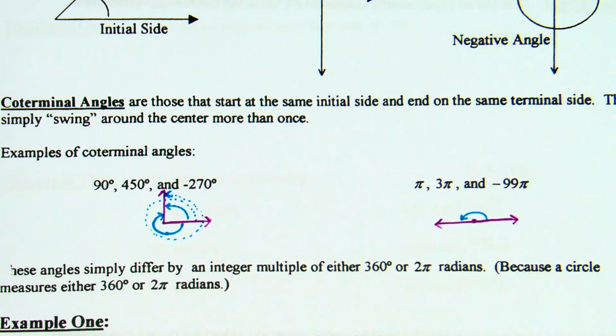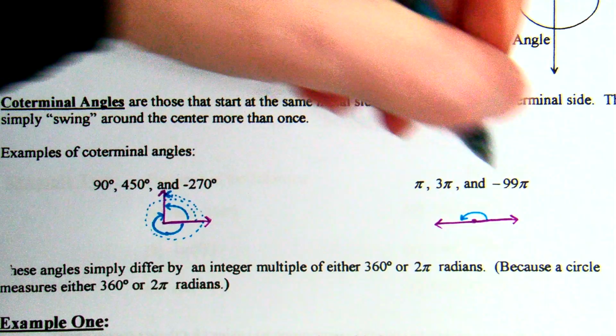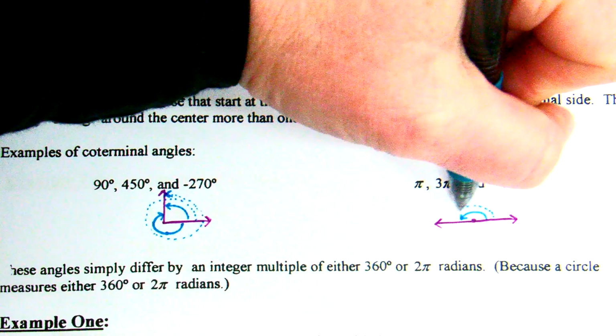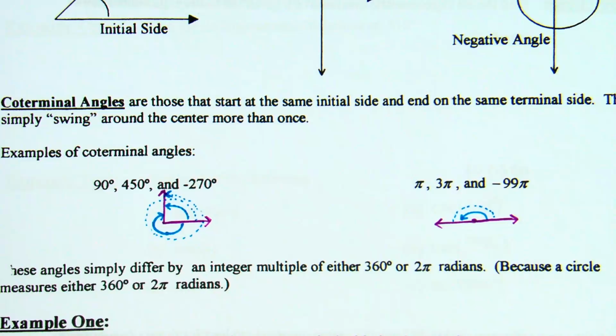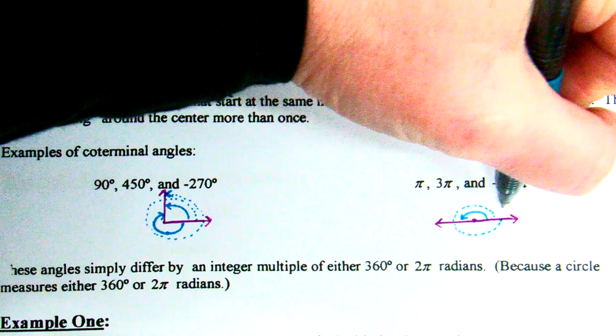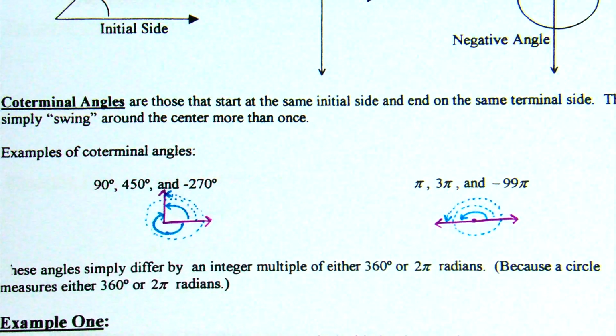Now, supposedly 3 pi is the same. Okay, so count with me. If we start here, we go around the top half, we're at what? 1 pi. What happens when I go around the bottom half? I'm going to be at 2 pi. What happens when I go around the top half again? I'm at 3 pi.